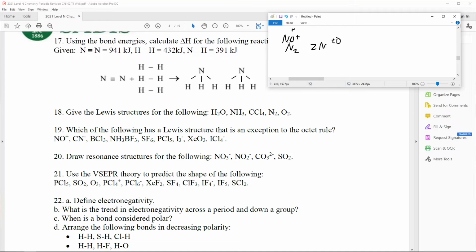But if you have an oxygen which has 1 more electron, you'll end up with 11, but you also have a +1 over here, so it will be minus 1 electron because you're taking it away, so you have 10 again. So these should have the same structure as the nitrogen triple bond nitrogen. So they should look something like this.